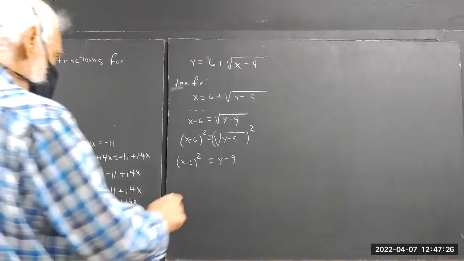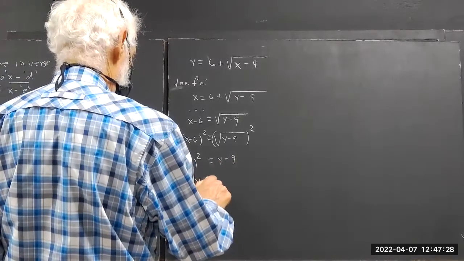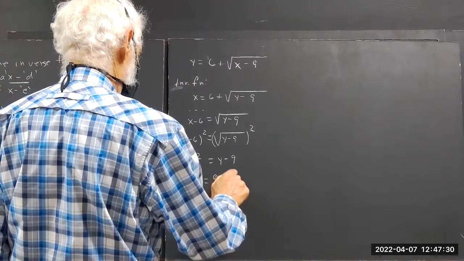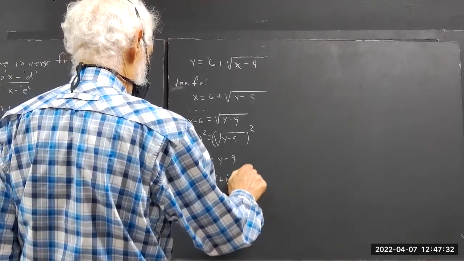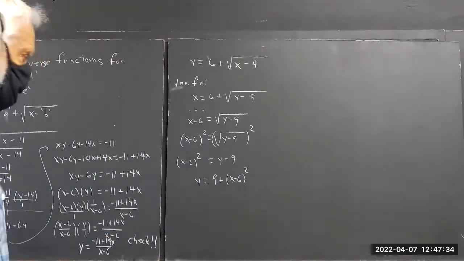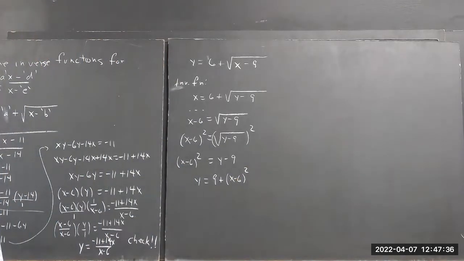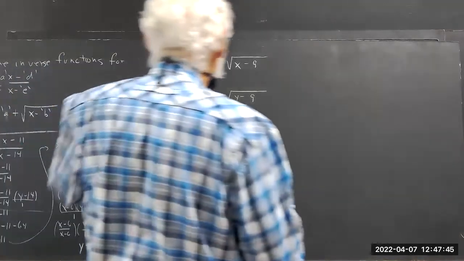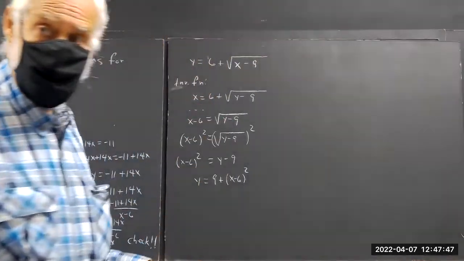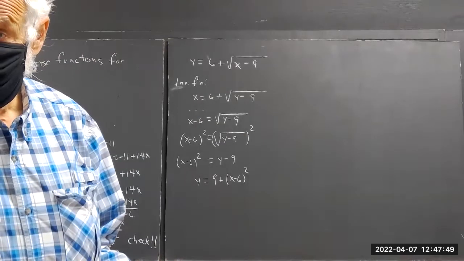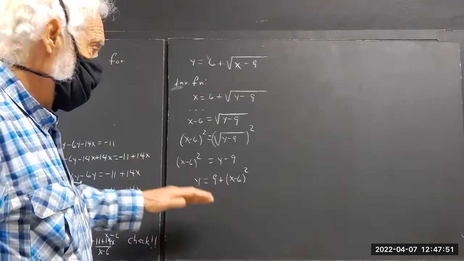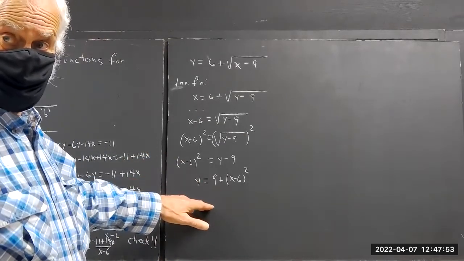So that y equals 9 plus the quantity x minus 6 squared. Now there's a problem with this. If we graph this function and this function, we can see what the problem is. It's not that this is wrong, but we have to restrict this domain a little bit.